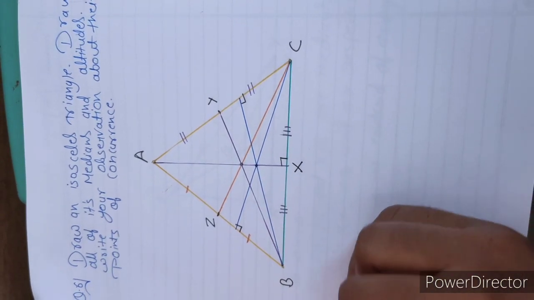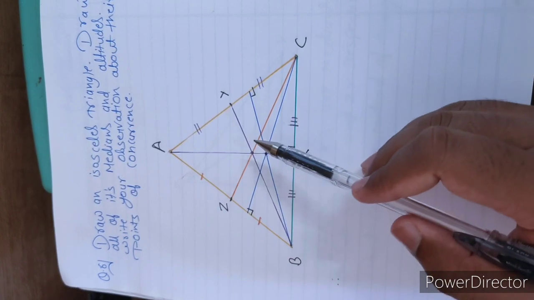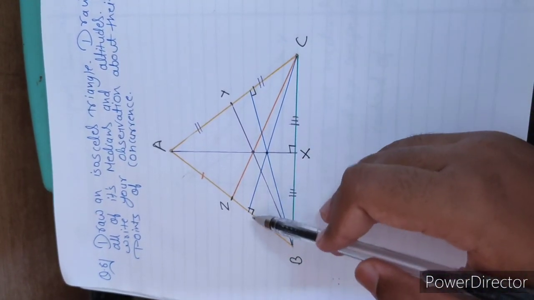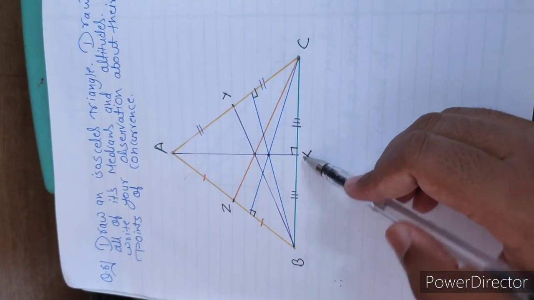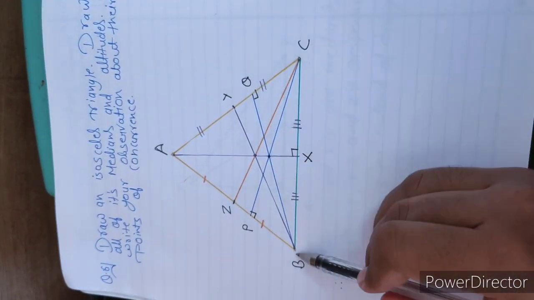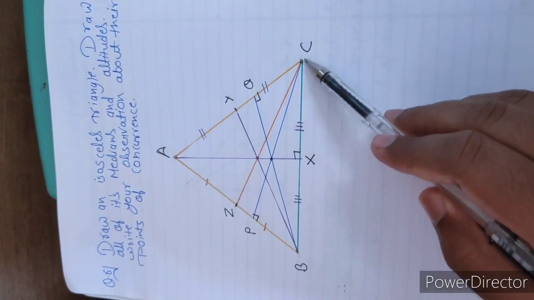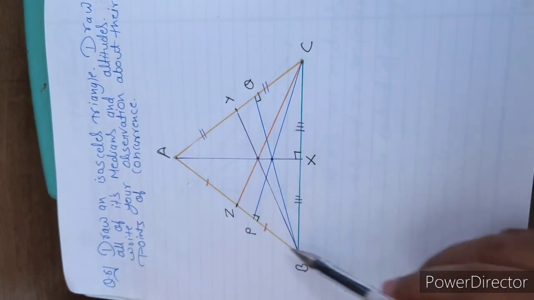Here we will write what we conclude. First of all we put the names of the altitudes. We put X, so the remaining are P and Q. Here BQ is the altitude on side AC and CP is the altitude on side AB.